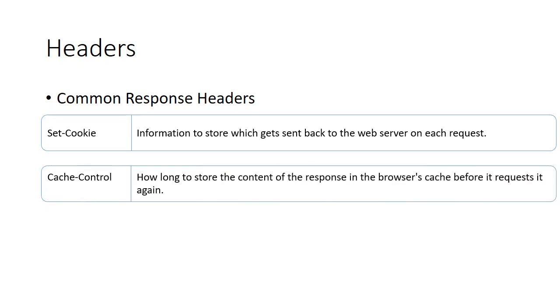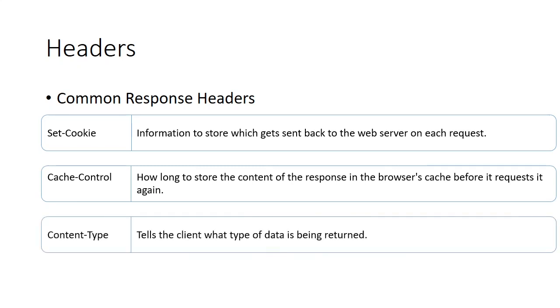Then cache control. It's how long to store the content of the response in the browser's cache before it requests it again. Content type tells the client what type of data is being returned, like HTML, text, JavaScript, images, PDF, videos, audio, etc. Using the content type header, the browser then knows how to process the data.